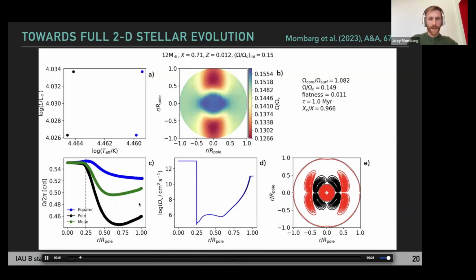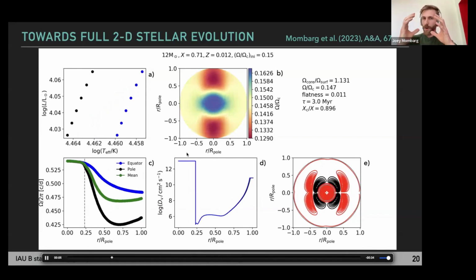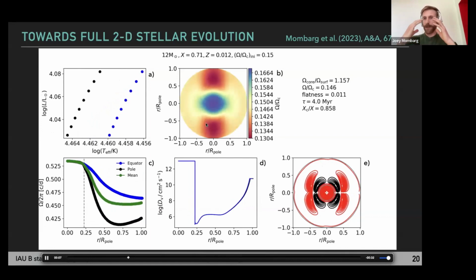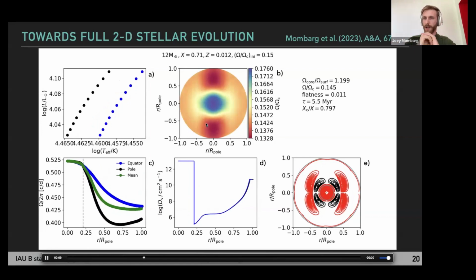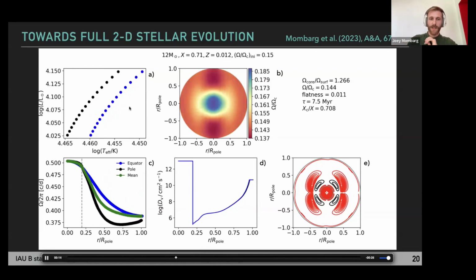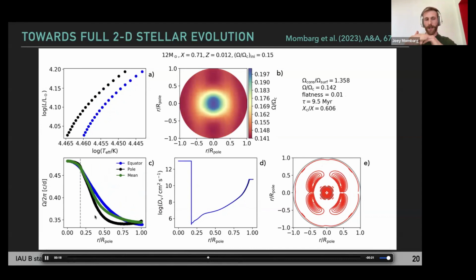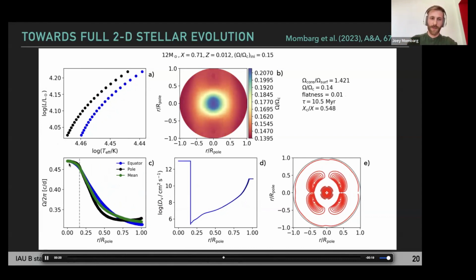What we see first is that as the star evolves, if you look at panel B, it starts to evolve to a shallower rotation configuration. You can also see that in this panel, where the blue and the black lines start to converge to the same model.